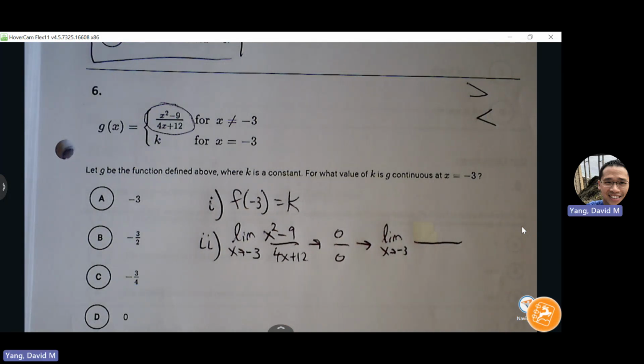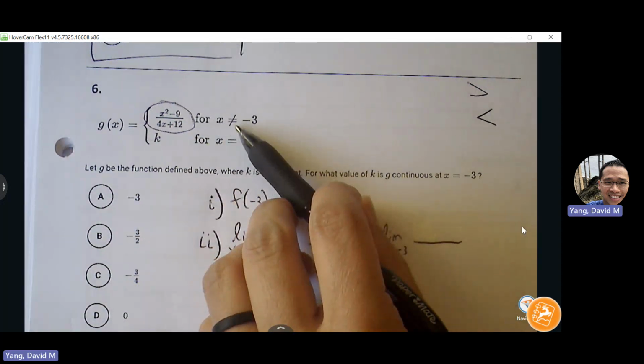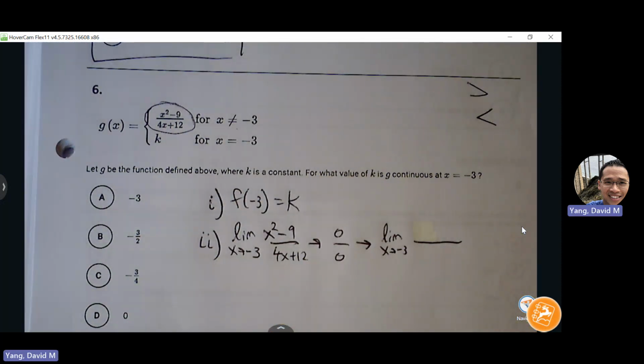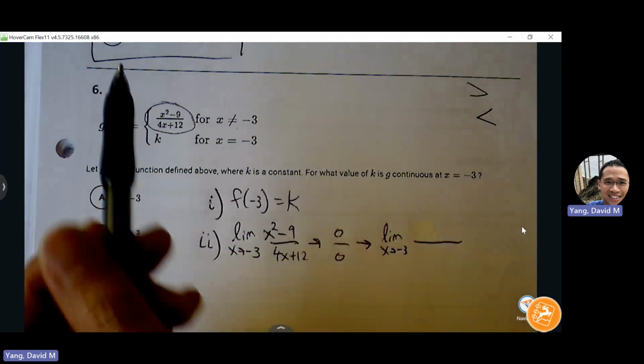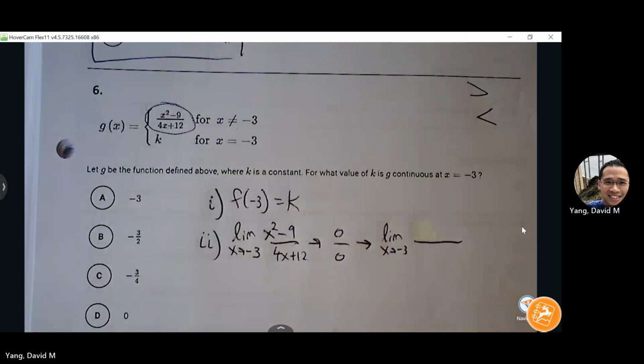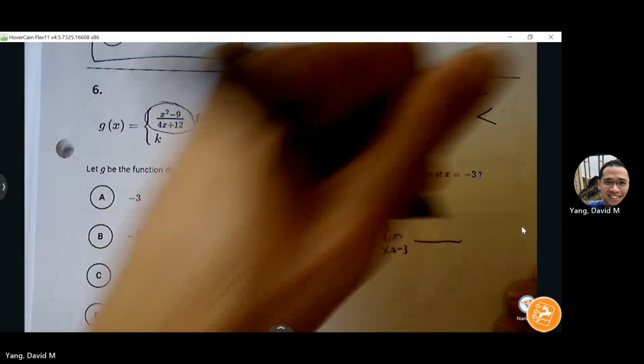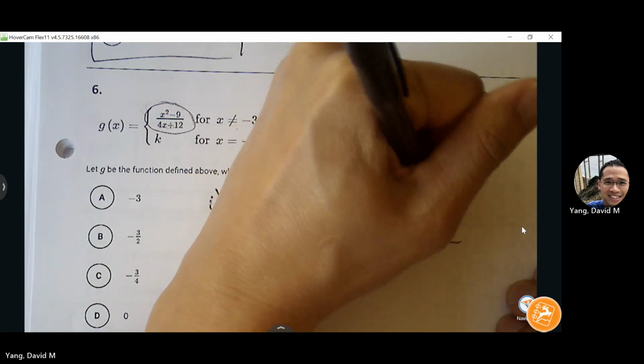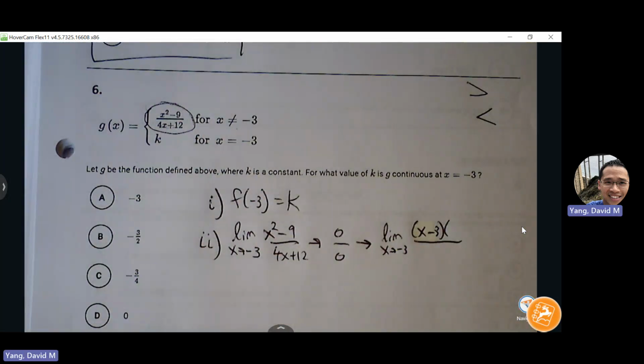But don't we know that it can't be -3? It also means everywhere except at -3. That means this graph is to the left of -3, and it's also to the right of -3. Oh, that's right, from downstairs. Thank you. Appreciate it.